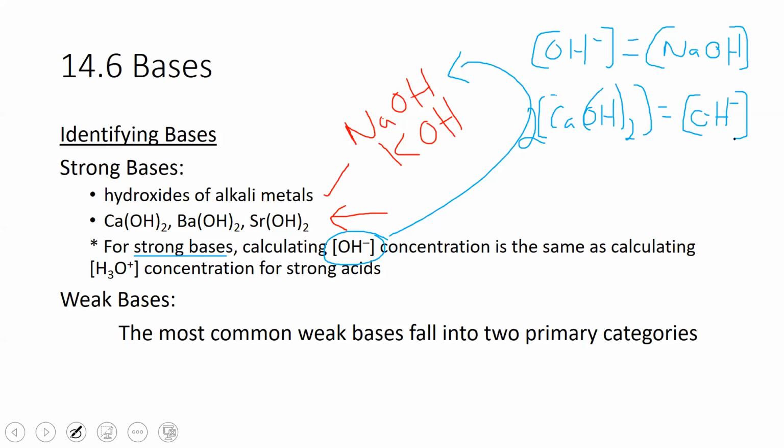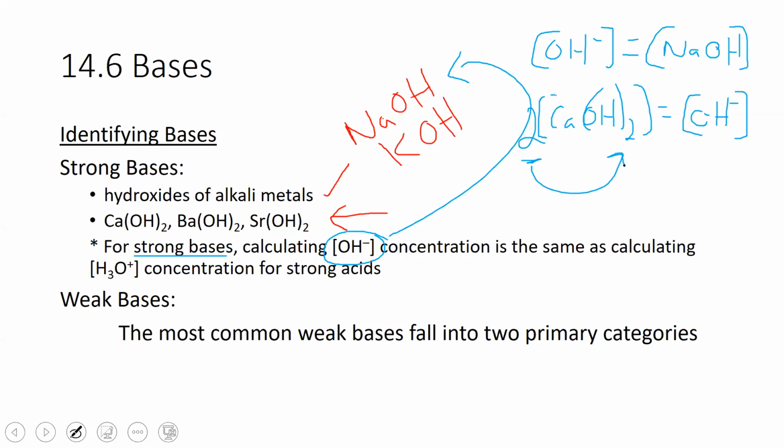And so that's going to be a key here, right? This 2 comes from that 2 there when we're looking at the stoichiometric equivalence, okay? And so hydroxides are basically strong bases. They're ionic substances that have the hydroxide ion. So when you dissolve them, they dissociate, they break apart, they give you that hydroxide ion.